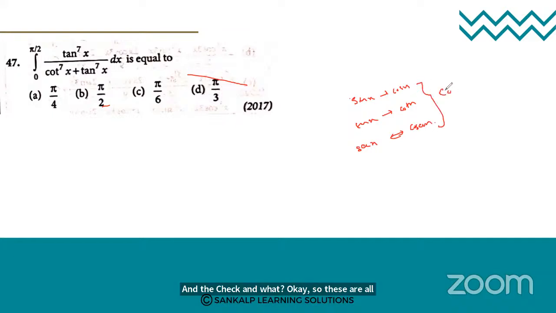Whenever co-ratios are occurring and the integral is from 0 to pi by 2, then directly you can get the answer as pi by 4.